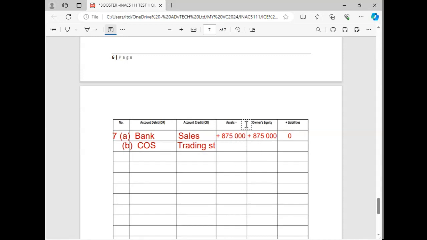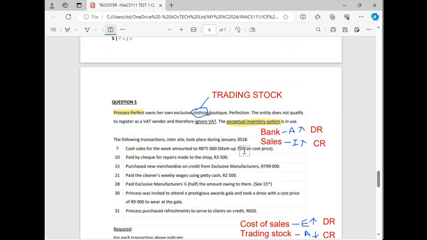Okay, if you're okay with that, let's go and find what? The cost of sales. So remember I told you how to deal with this. You need to know how to use 75% markup on cost. So this is what you're supposed to do. You were supposed to use 875 times 100 divided by 175.